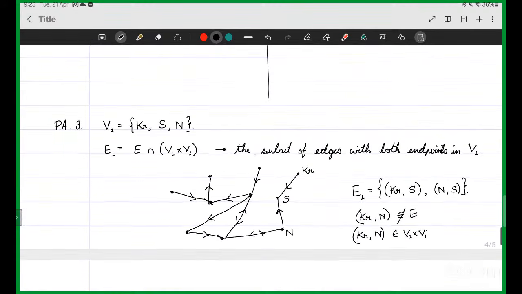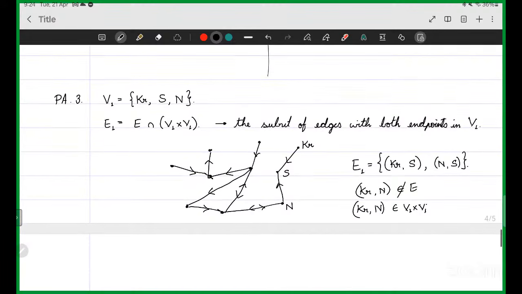If you look at this description of the edge set for the graph that you're going to draw, it is the subset of edges with both endpoints in V1. So you look at this whole graph, and there are other vertices, I don't care about them, at least for this question.